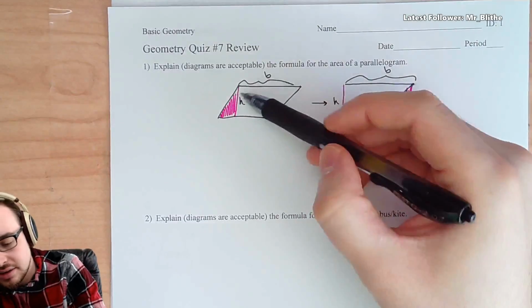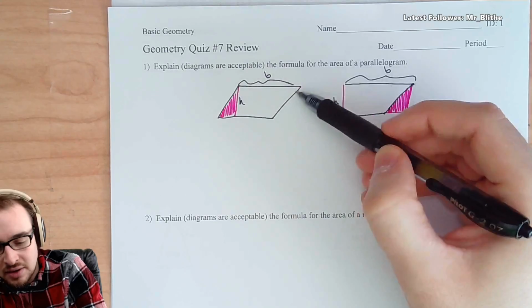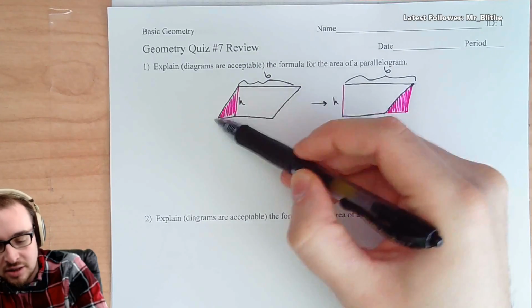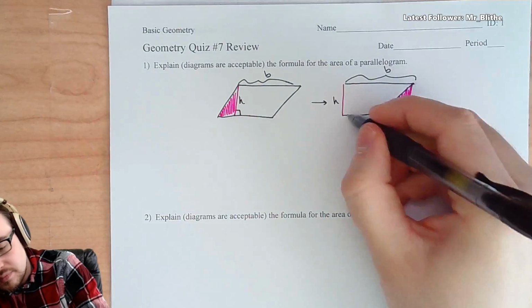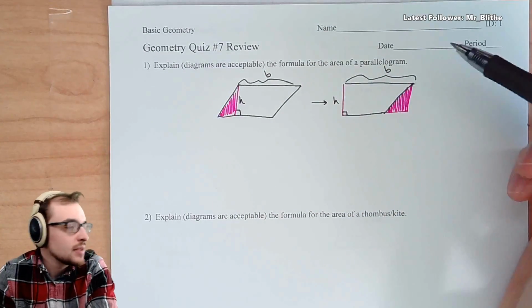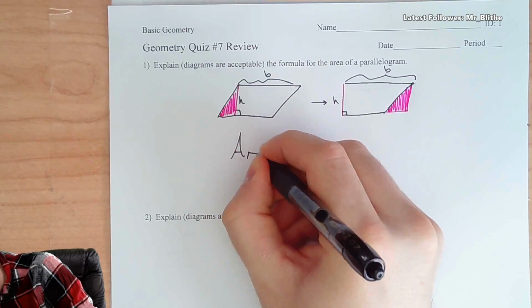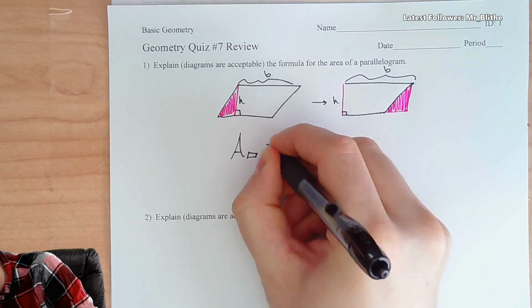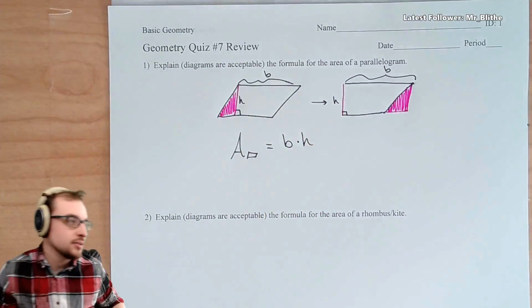Our height is just going to be from here to here, not the length of this diagonal or this diagonal, but perpendicularly down from here to here. And our base is just going to be the top part. So area of a parallelogram is going to equal base times height, just like a rectangle.